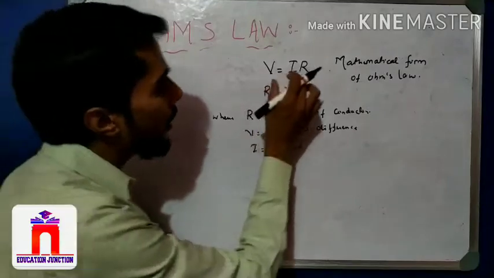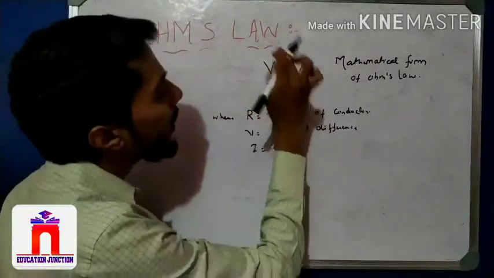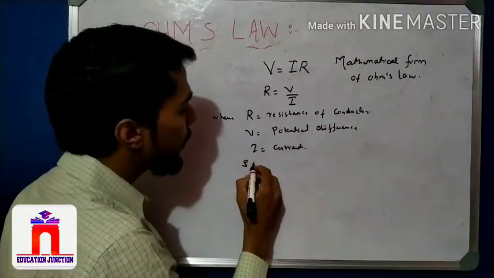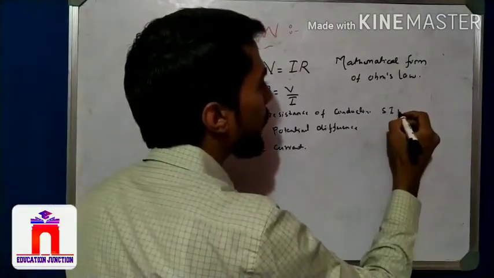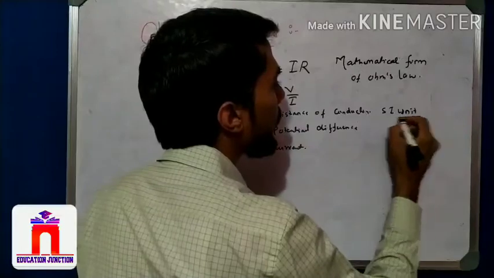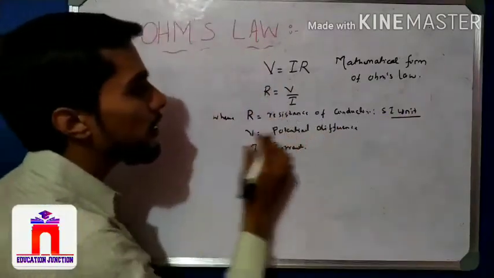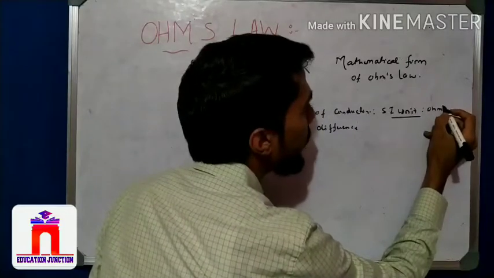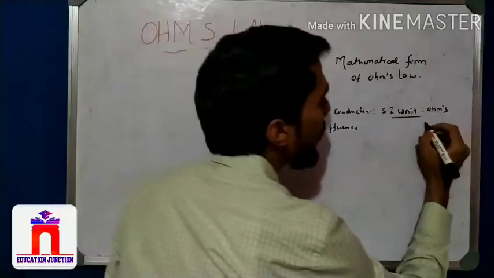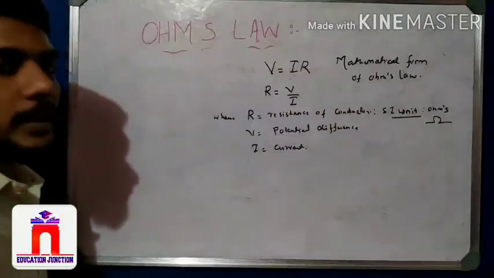Now here we know about the units, SI units. What is the SI unit of resistance? The SI unit of resistance is ohm, named after the scientist Ohm, and the symbol is like that. That is the symbol of ohm.